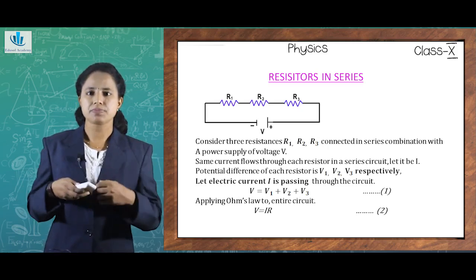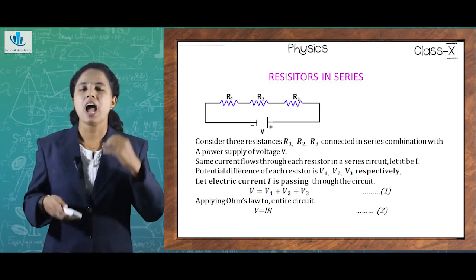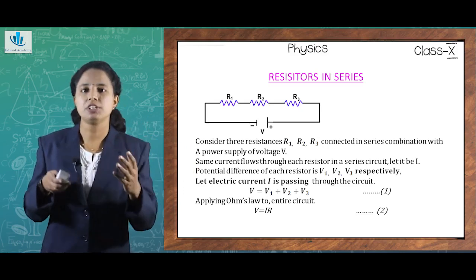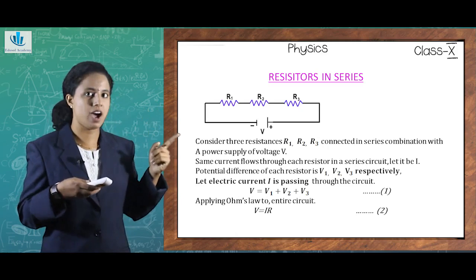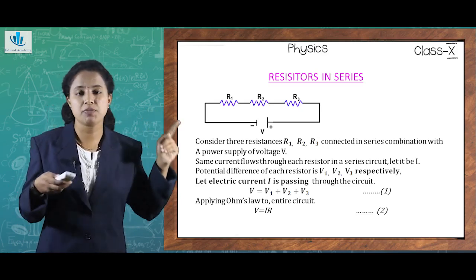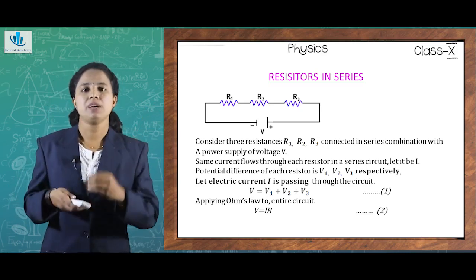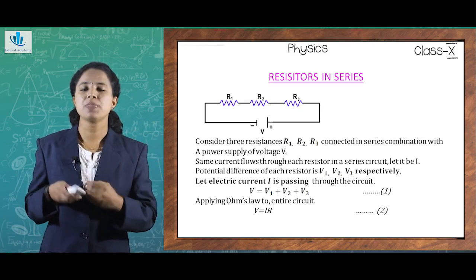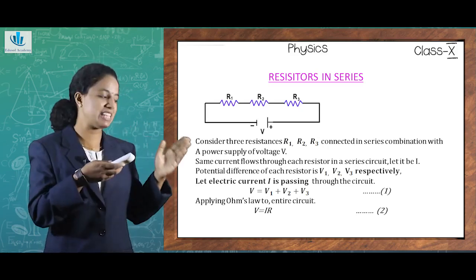So, I consider electric current as the capital I, and how can we rate the potential? We know that there is V1 potential for resistance R1, V2 potential for R2 and V3 potential for R3. So, the effective potential can be defined as V equals the sum of the potential differences across each resistor.